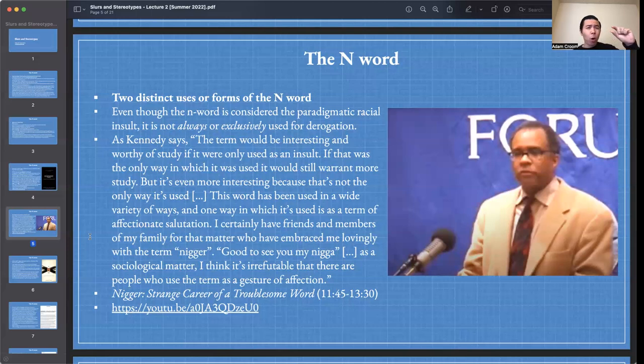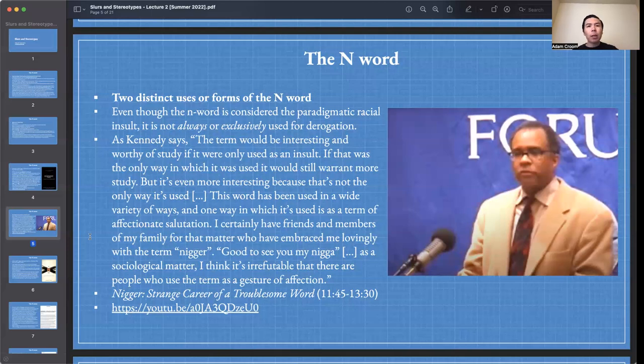Maybe the word is different. Maybe when the word is used in a derogatory way, it has a different spelling or a sound than when it's used in a non-derogatory way. Maybe it's not the word that's different. Maybe it's the context that's different. Maybe it's because the slur is used in a hurtful context that gives it its negative valence, whereas when it's used in a supportive context, it acquires a positive valence.